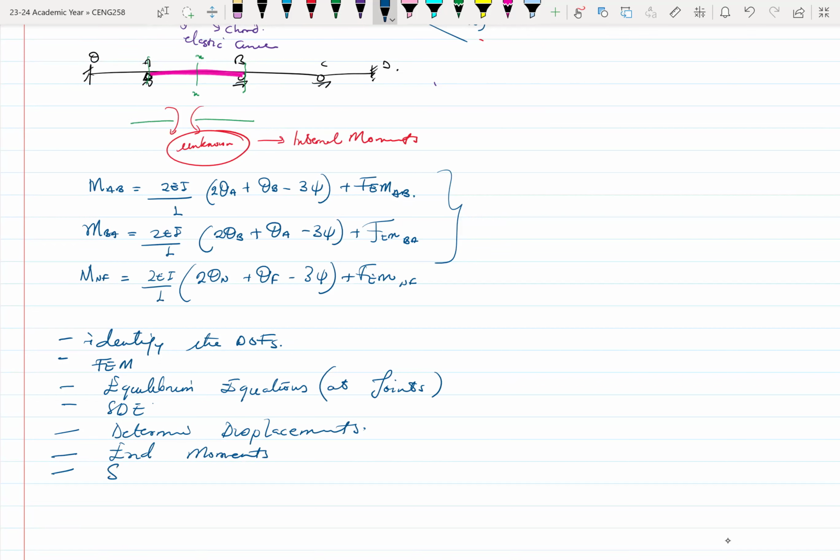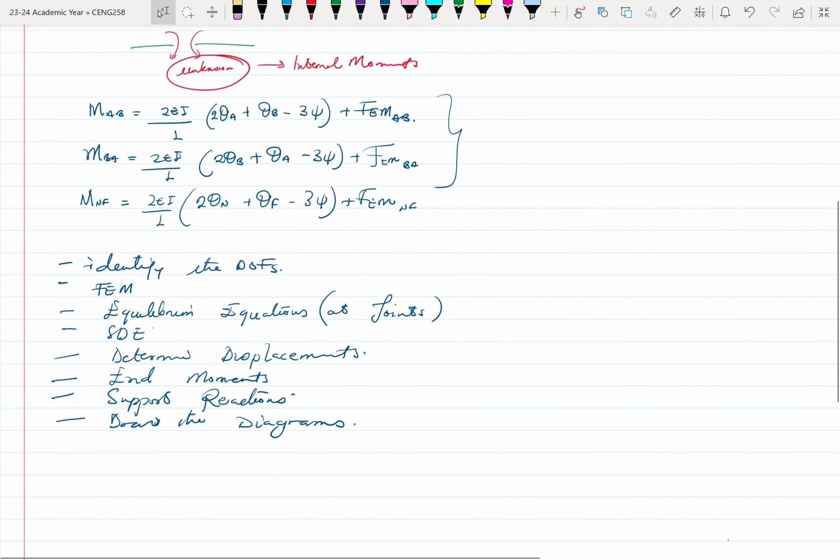Then find support reactions, then also draw the diagrams. From the end moments to drawing the diagrams, these three steps are very similar to the three moment equation method.